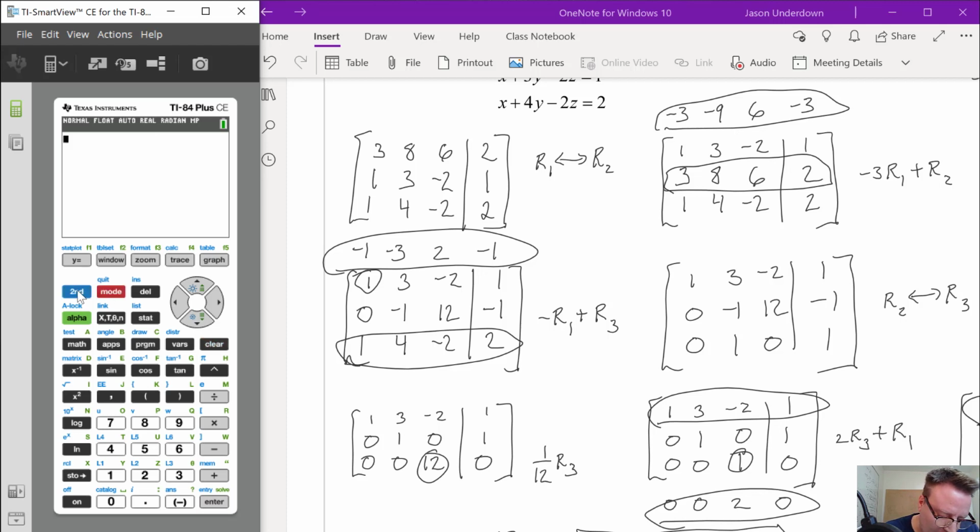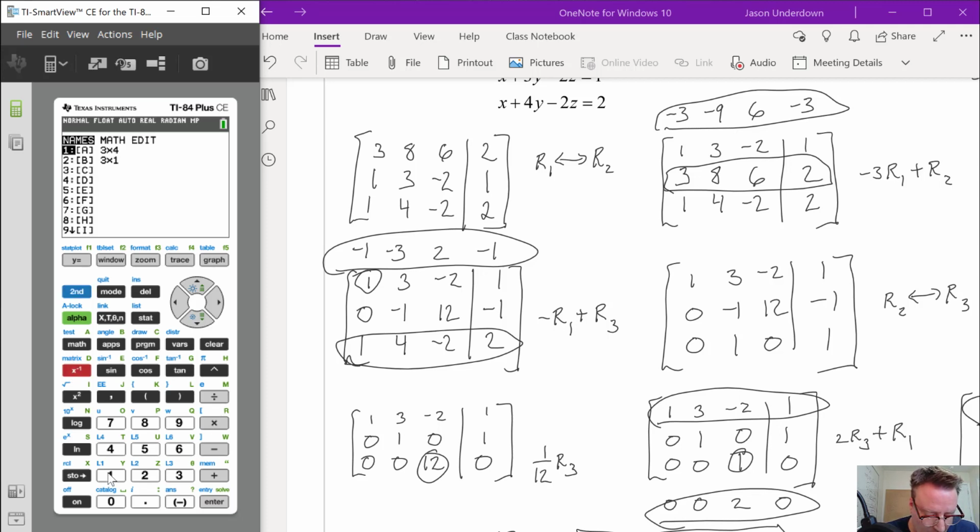And now I go to the matrix. So you have to be in the command window before you pull the RREF command out of the catalog. So now we go to Math, up, up, up, up, up, hit enter. And now I'm going to recall the name of the matrix that I want. So I go back to the matrix menu, and now I just want the name of the matrix.